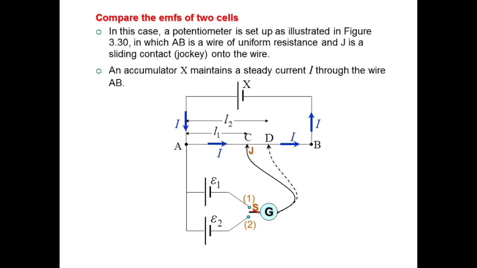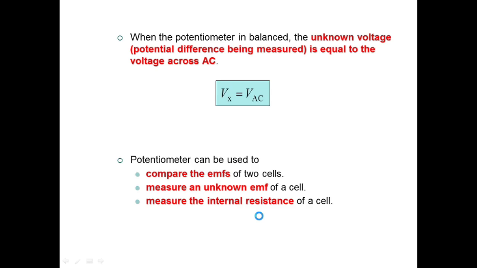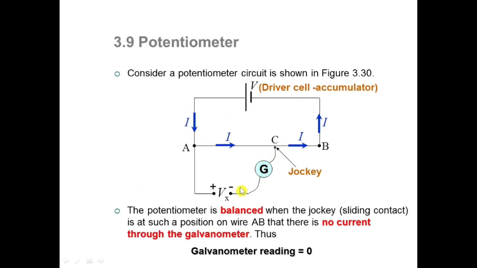The switch can alternate from point number 1 to point number 2. So this arrangement makes no difference compared to the previous one, we just put a different battery at this point.